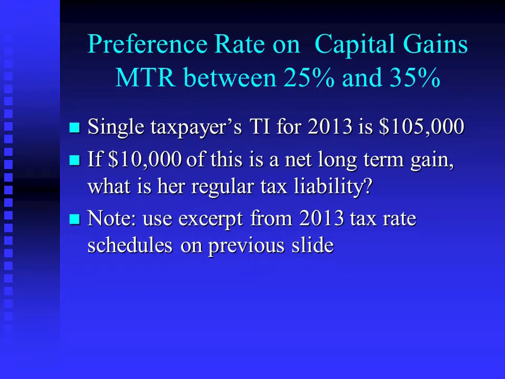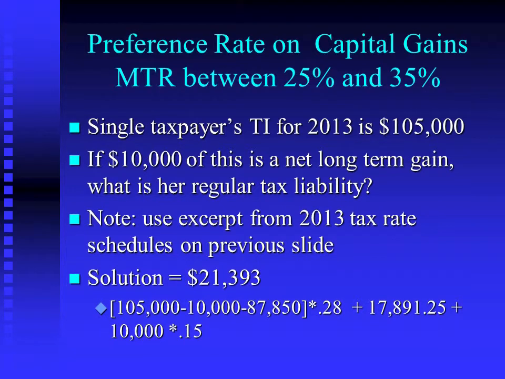You can go back to there or get out your book, whatever you need to make sure you know how to do the math. So this is the answer you should be getting, slightly smaller than you got when it was all ordinary income, because 10,000 instead of being taxed at 28% is going to be taxed at 15%. So here's your math.